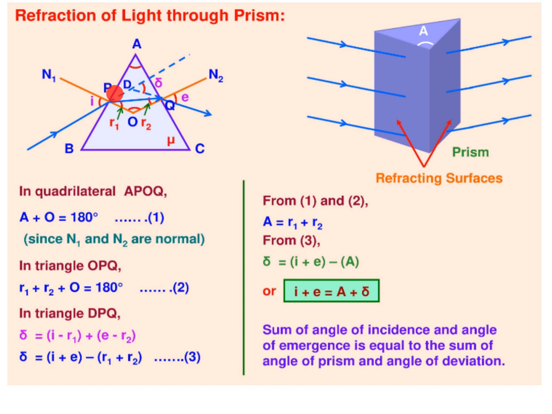Now when a monochromatic ray BP strikes the first refracting surface AB, then N1O is the normal passing through the point of incidence P. The angle of incidence at P is I. We know that the angle of incidence is the angle between the normal and the incident ray.